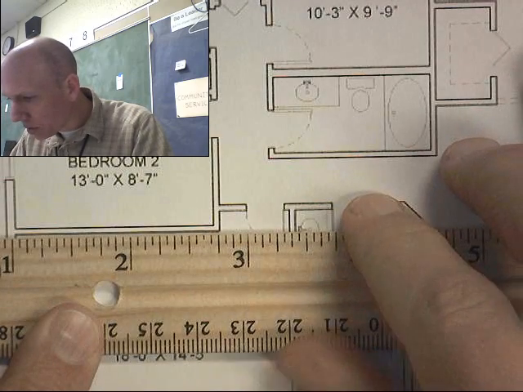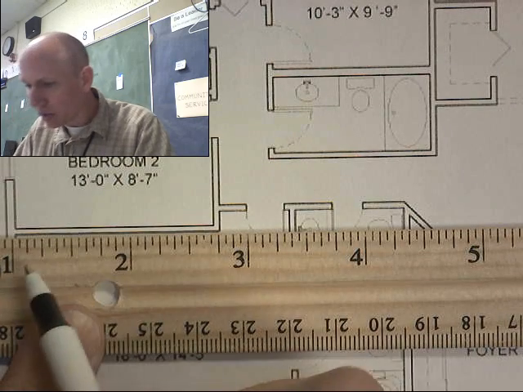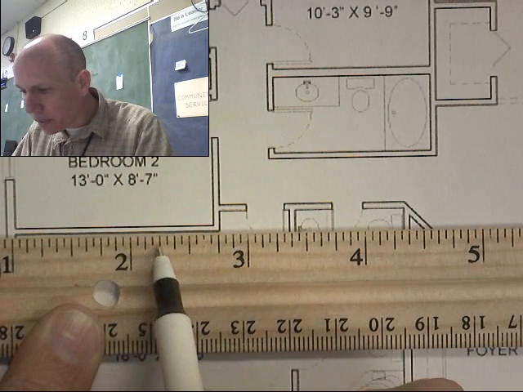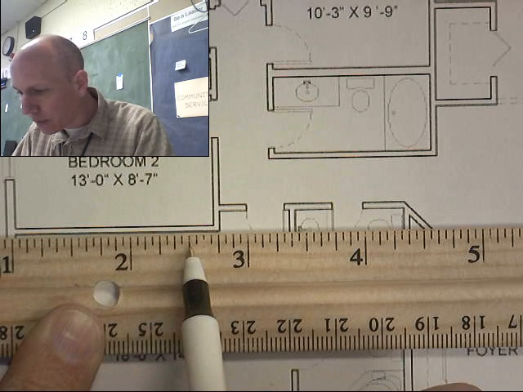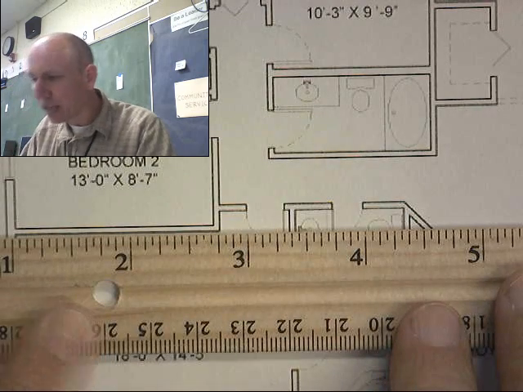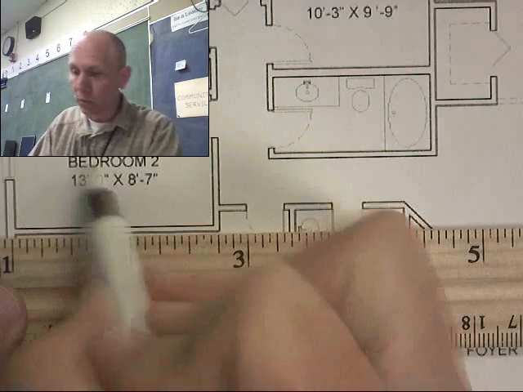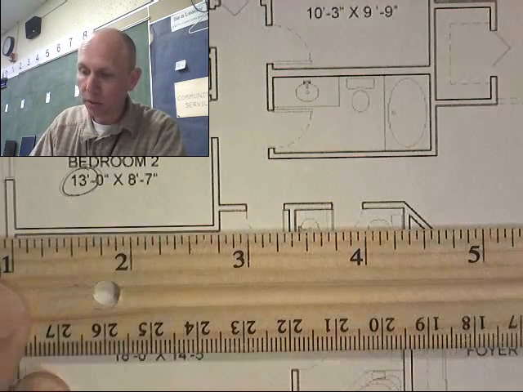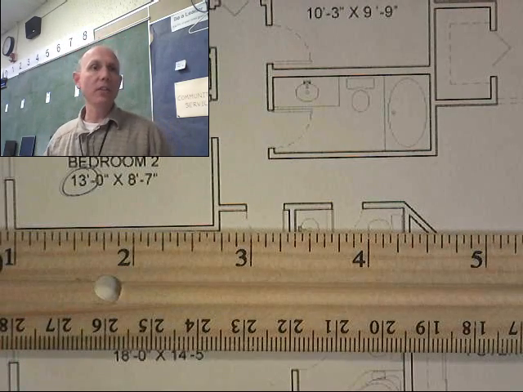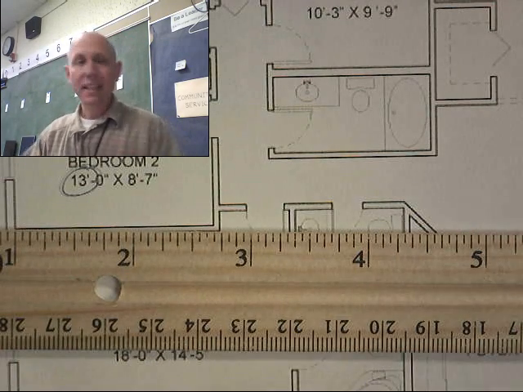I think I just lost count. This is 8 feet, 9, 10, 11, 12, 13, about, wow, that did work. 13 feet in real life, which is what the number's saying here. Okay, that's cool. So 1/8 of an inch represents a foot in real life. That's the idea of scale.